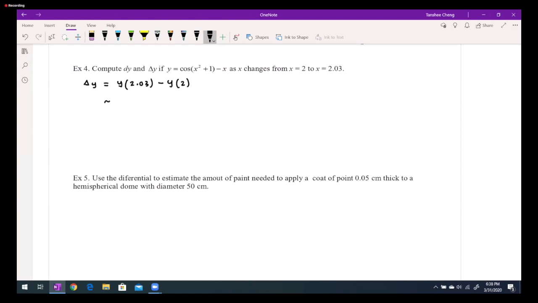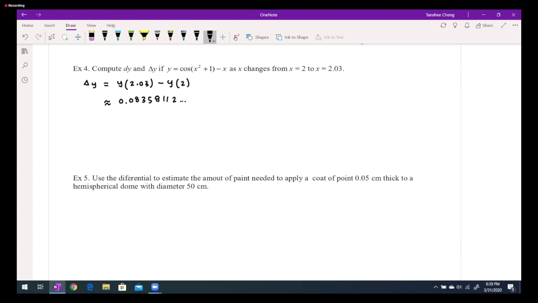So when I use my calculator and approximate it, make sure you put it into radian mode, because the sine and cosine will be in radian functions. So this gives me 0.0835812 dot dot dot. Right? I got this.